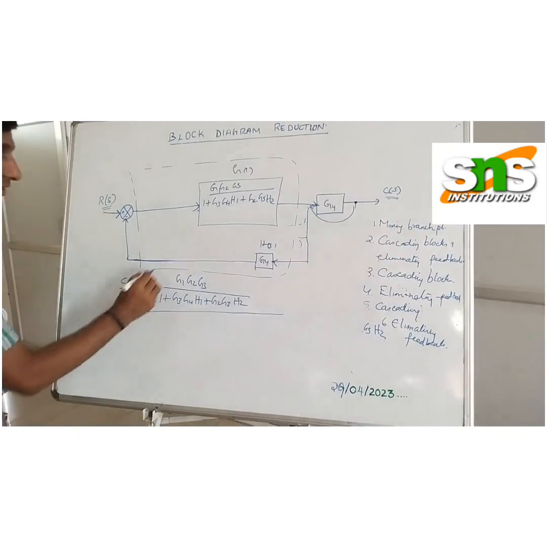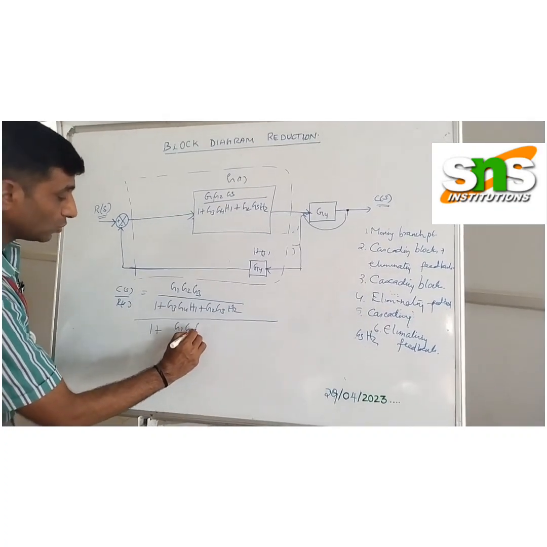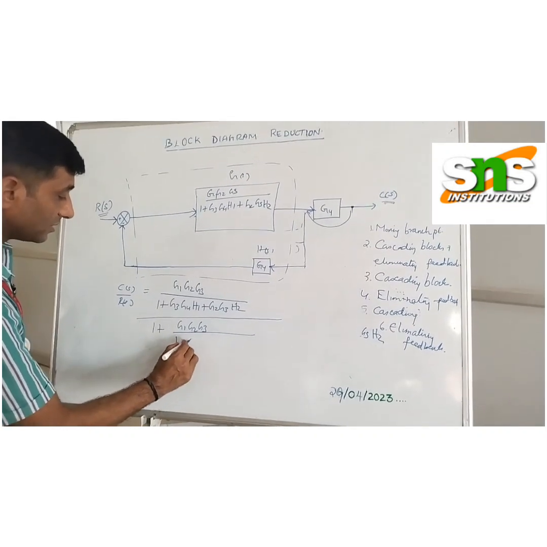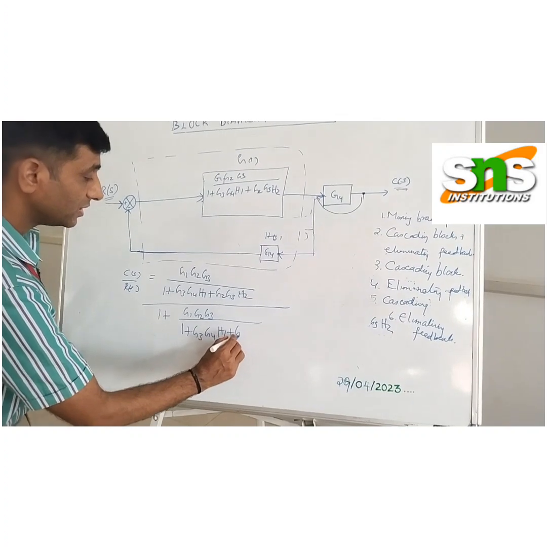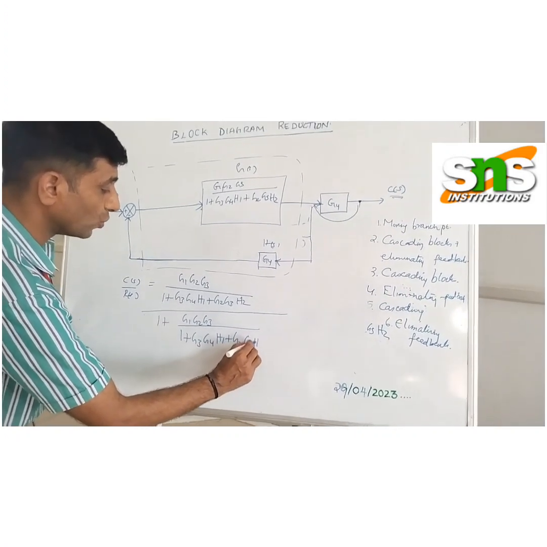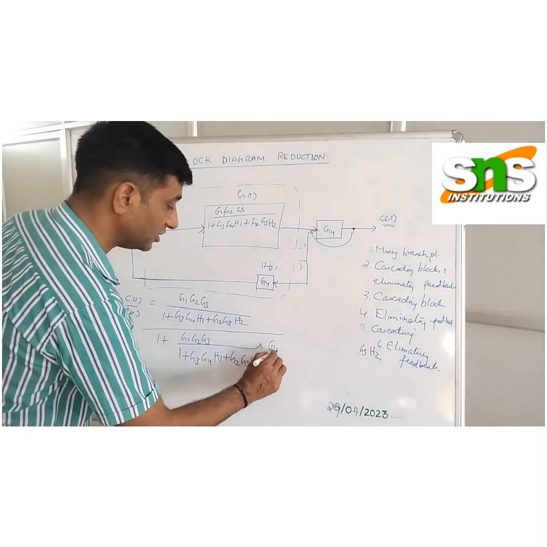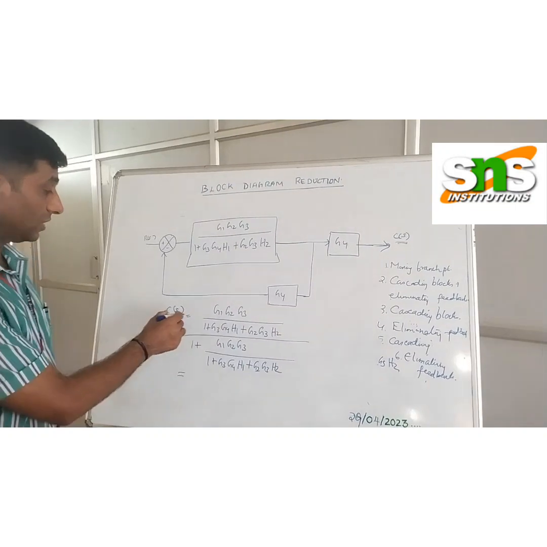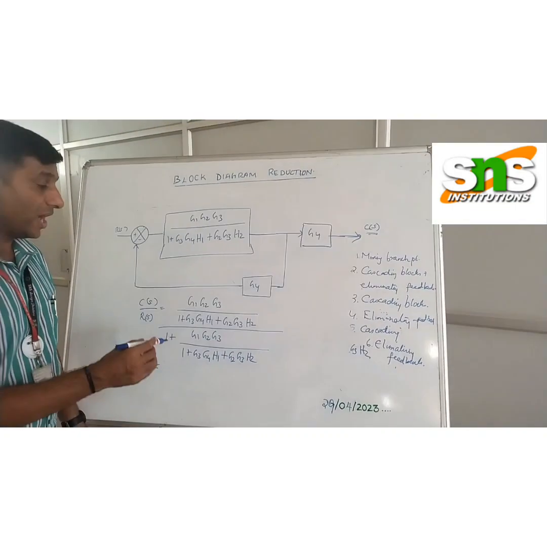This is my G of S, whole thing divided by 1 plus again G of S. So G1, G2, G3 divided by 1 plus G3, G4, H1 plus G2, G3, H2 into, now my H of S is nothing but G4. I am going to eliminate the feedback. So now this is my G of S divided by 1 plus G of S into H of S.